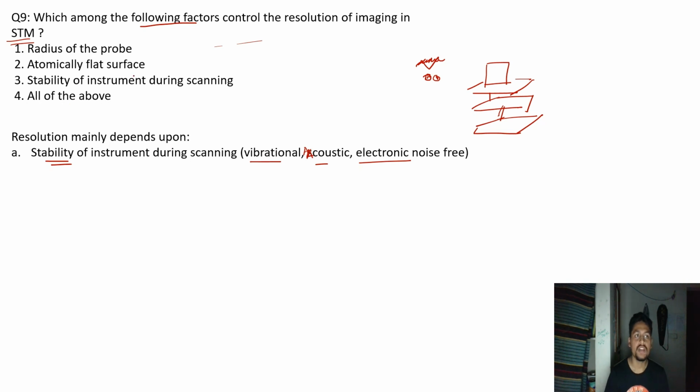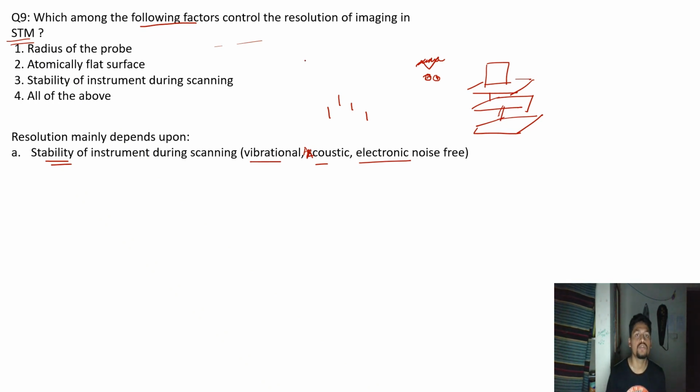Now, atomically flat surface. If the surface is very flat, not that much corrugated, then the measuring will be much easier and the resolution will be higher, because the tip need not be changed and repositioned much. Whenever the tip changes that much, you need to give it time to settle down.